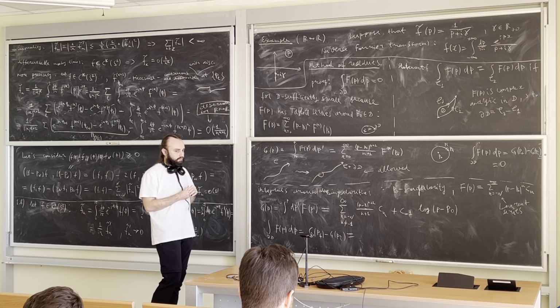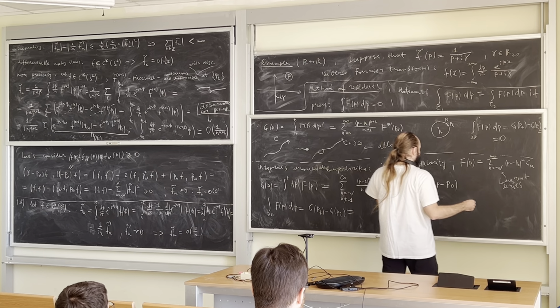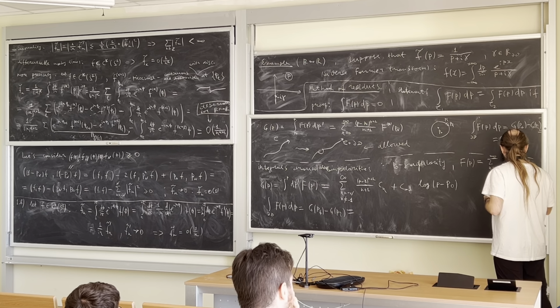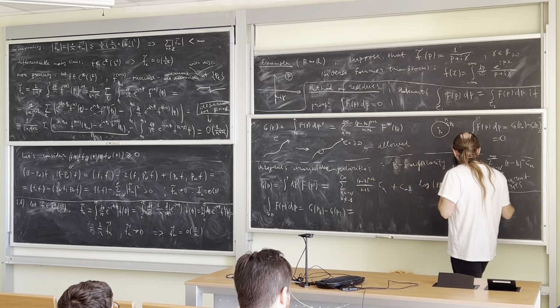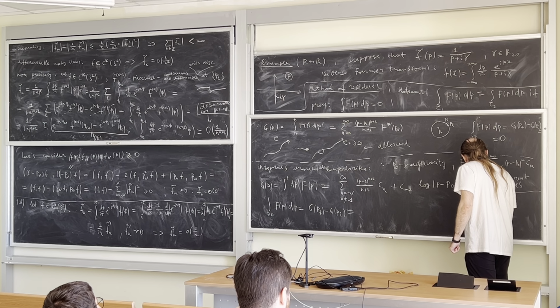But let us think about this. You have p minus p0. We know that a complex number that describes p can be written as p0 plus r times an exponential.